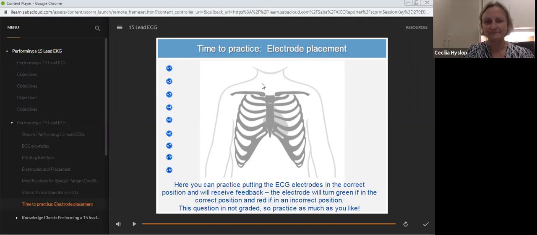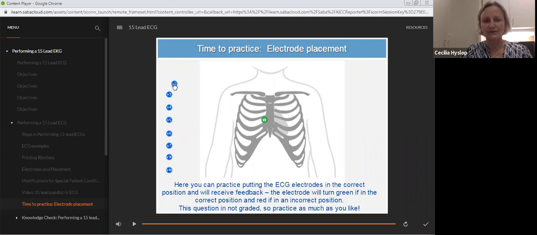So remember, there's our suprasternal notch, there's our clavicles, there's our first intercostal space, second intercostal space, third intercostal space, and fourth intercostal space. So I'm going to move this little one down into the fourth intercostal space, right sternal border.